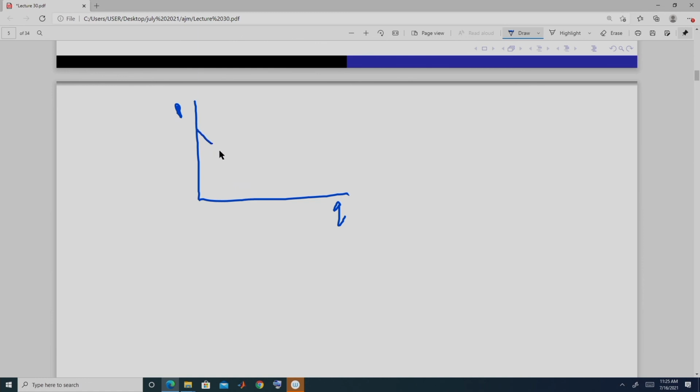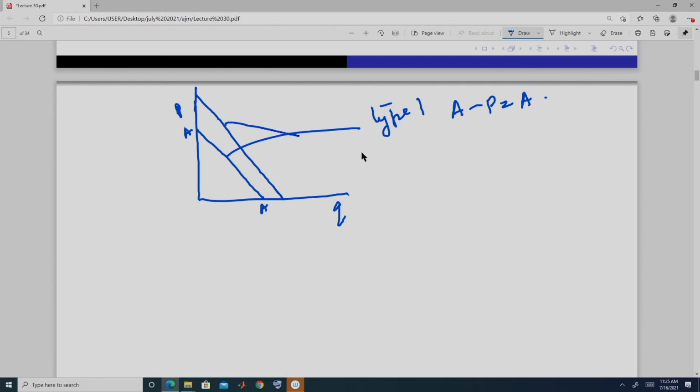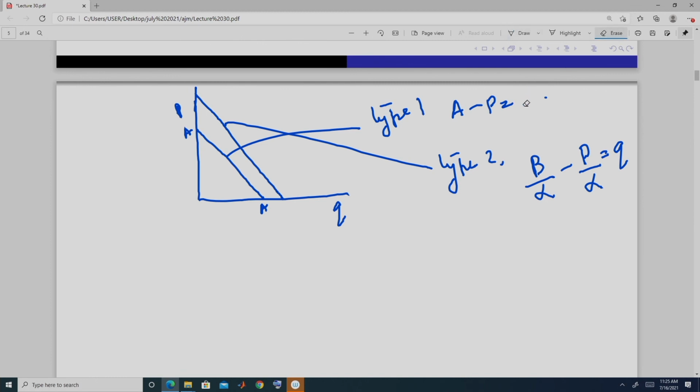Suppose this is type 1, Q = A - P, so this is A and this is A, and suppose this is type 2, Q = B/alpha - P/alpha. Sorry, this is quantity. So, this point is B and this point is B/alpha.